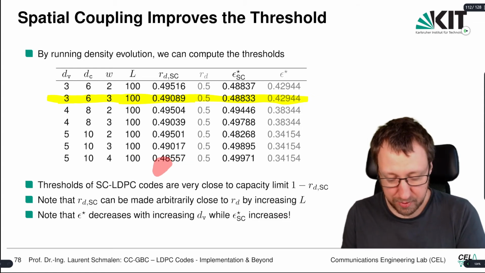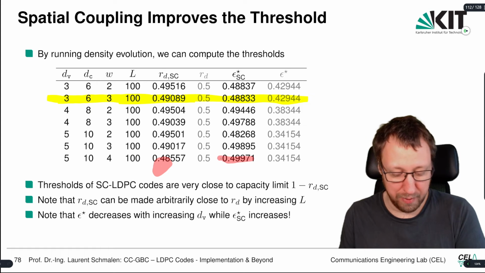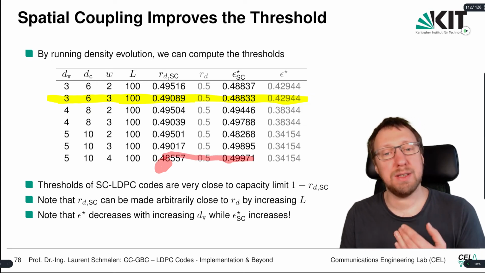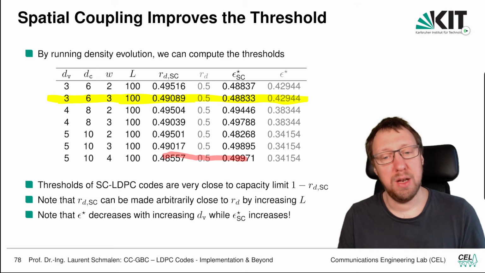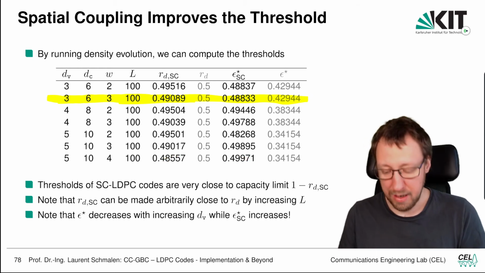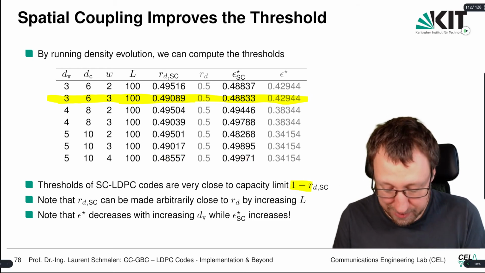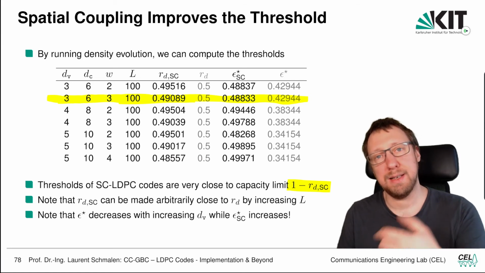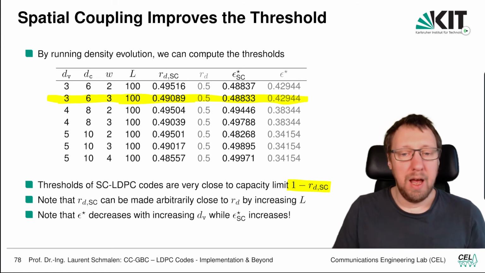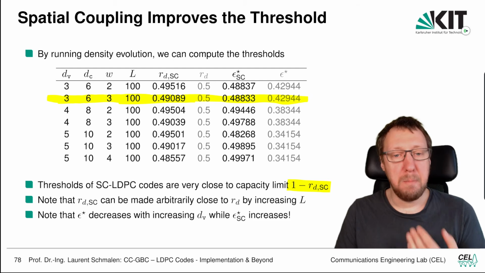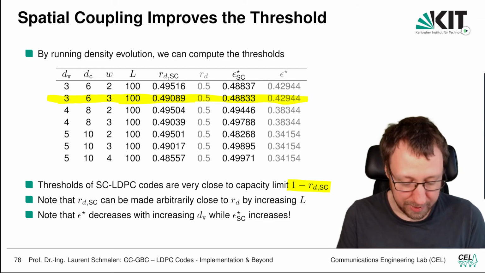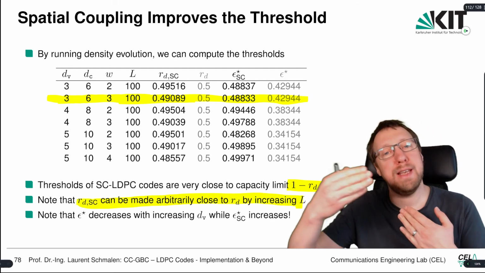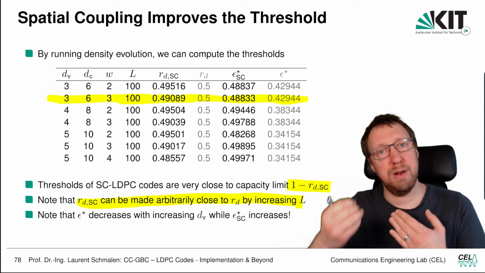And we see that the thresholds are very, very close to the capacity limit. The capacity limit is 1 minus the rate, remember? For the binary erasure channel, 1 minus the rate is capacity. And we can make this rate R_SC arbitrarily close to R just by increasing L, because in the limit, both will be the same.